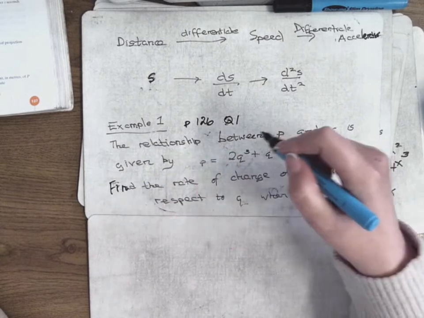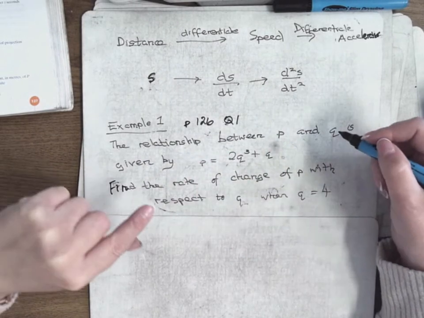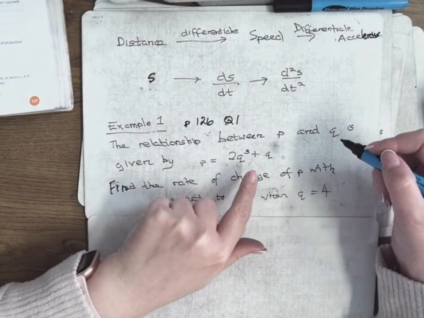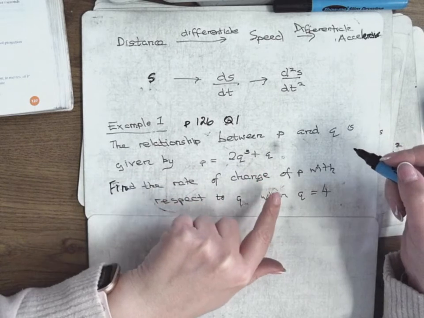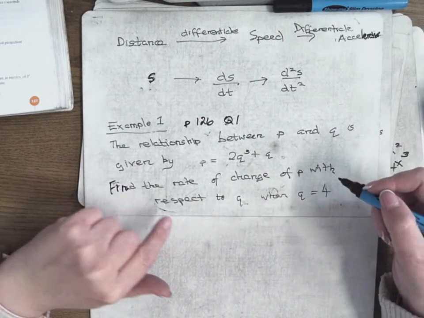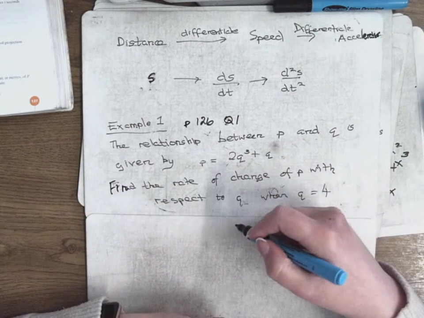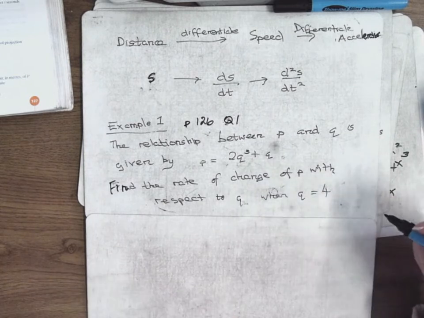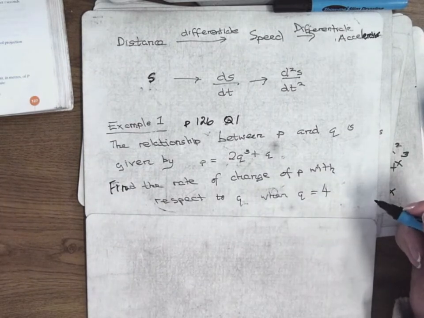The relationship between P and Q is given by P equals 2Q to the power of 3 plus Q. Find the rate of change of P with respect to Q when Q equals 4. I'll leave you to write it down and then we'll do it.